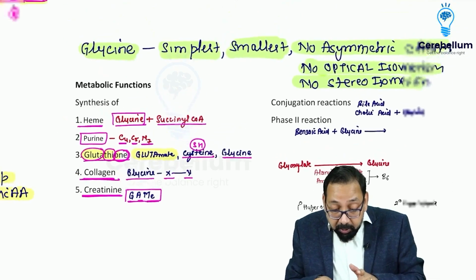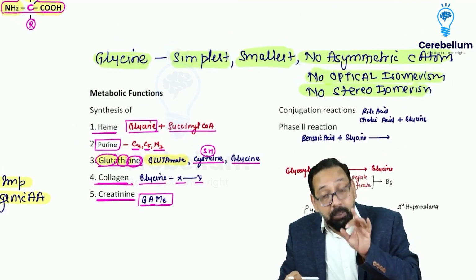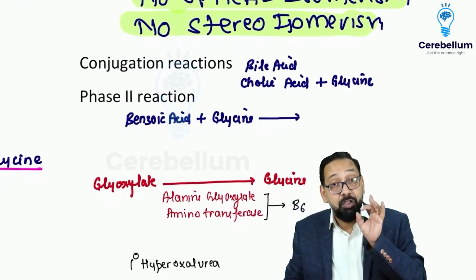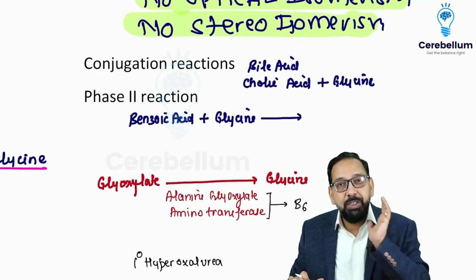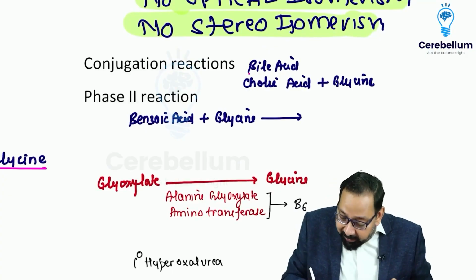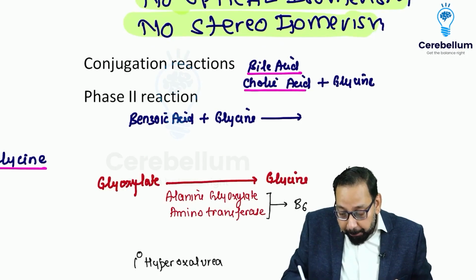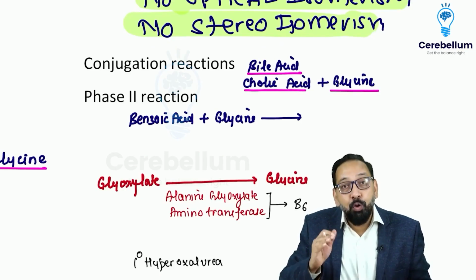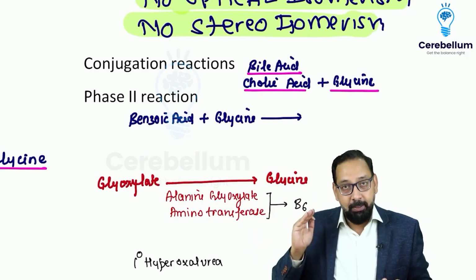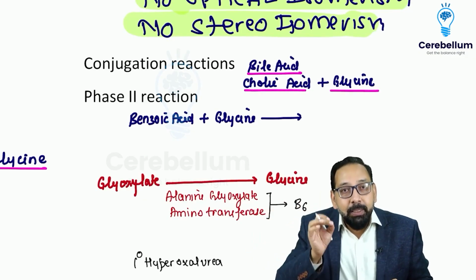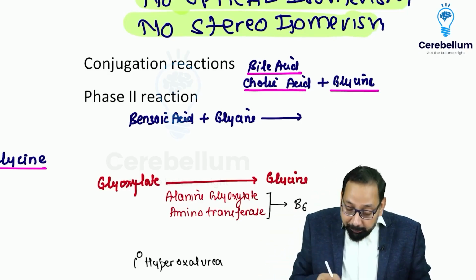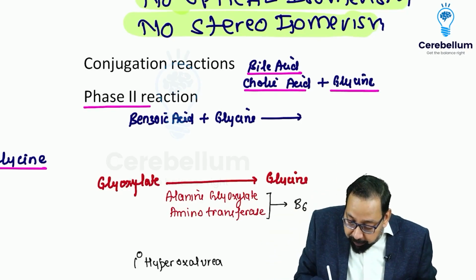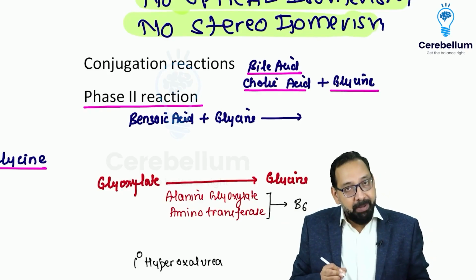These are the functions of glycine where glycine is used in synthesis. We found that glycine also takes part in conjugation reactions. Bile acid, cholic acid binds with glycine to form glycocholic acid. So glycine takes part in conjugation of bile acid. It is also used in phase 2 reaction of xenobiotic metabolism.